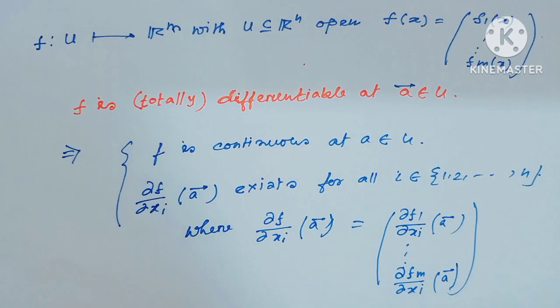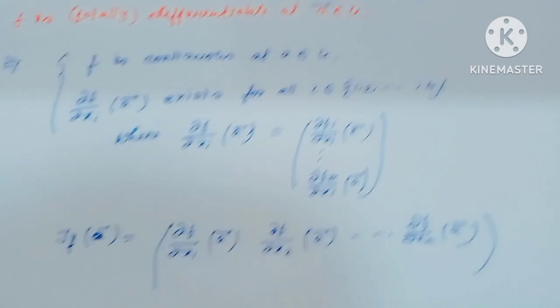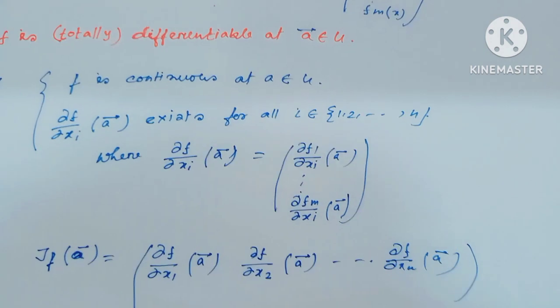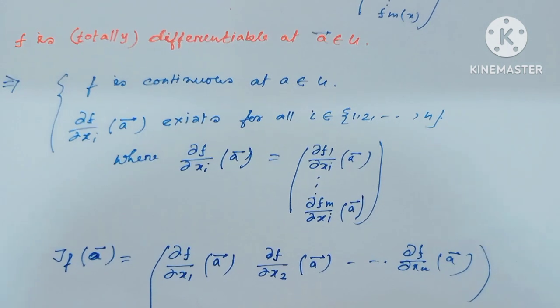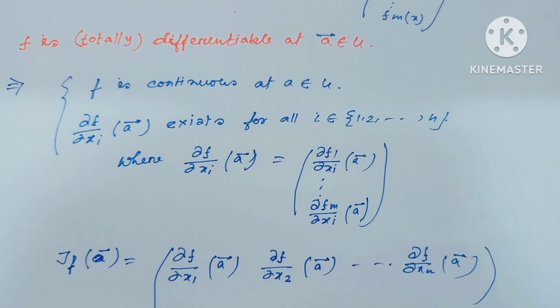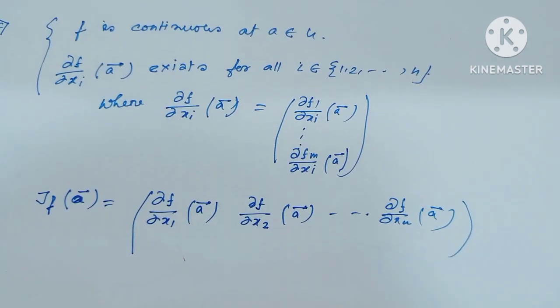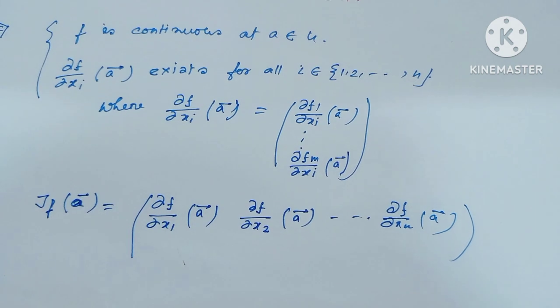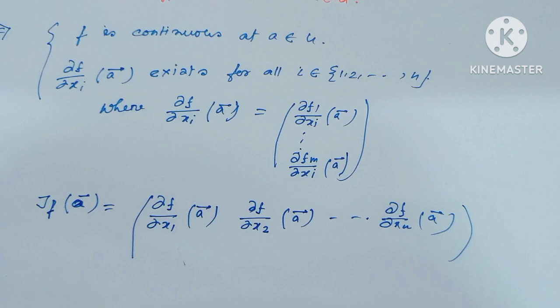And all of us know what the Jacobian matrix is. If f is totally differentiable, then the value of the derivative at this point is actually the Jacobian matrix, and the Jacobian matrix at the point a is equal to del f del x1 at the point a.